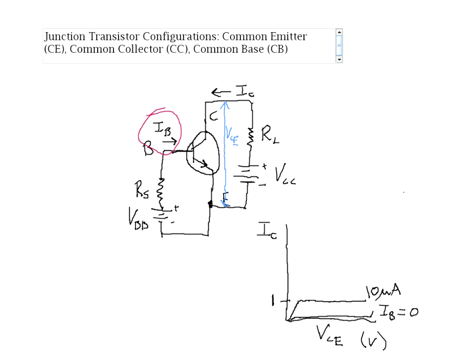So let's put a 1 there, and we'll make the y-axis unit milliamps. If I increase the base current even more, then I'll get even more collector current. So we might get something that looks like this.